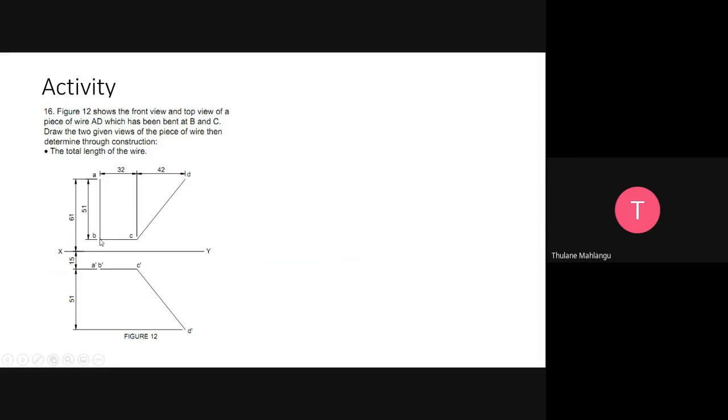And then moving from AB to BC. BC in the front view lies parallel to the XY. You go and look in the top view. BC is also parallel to the XY. So it means 32 is the true length of line BC, because that line is parallel to the XY in the front view and also in the top view.